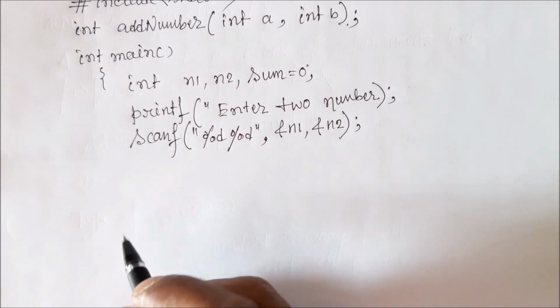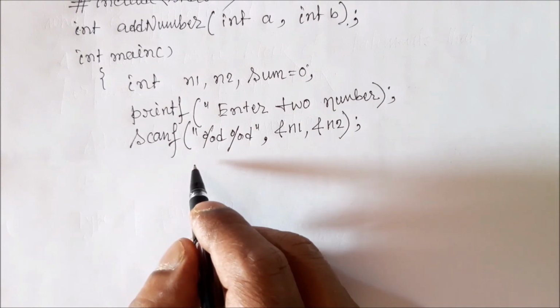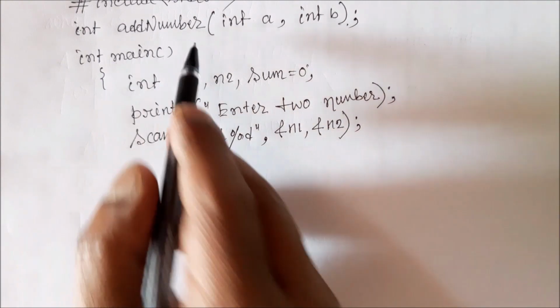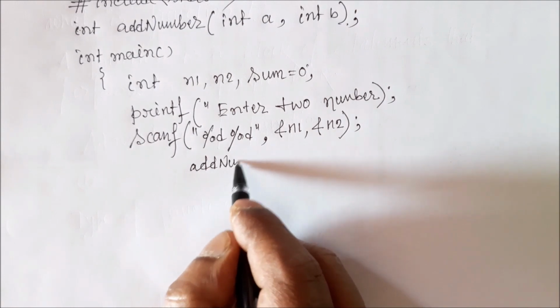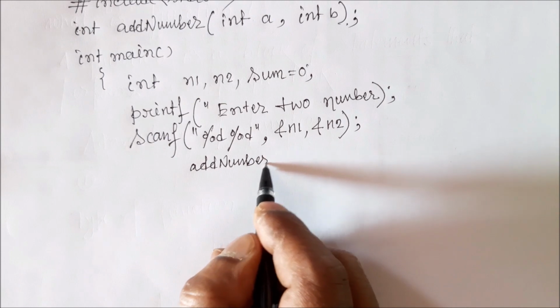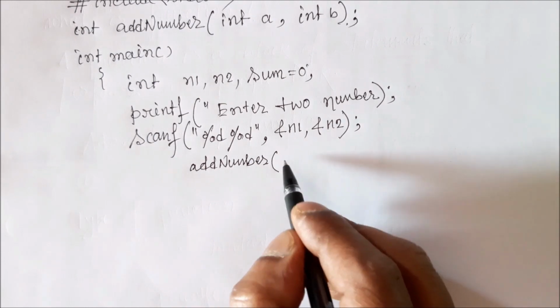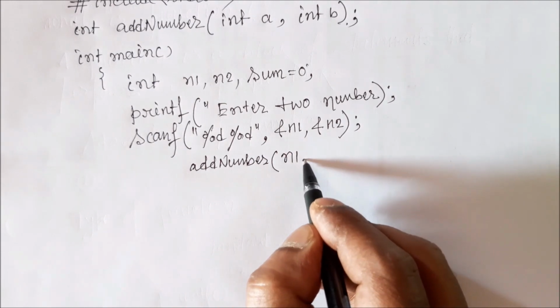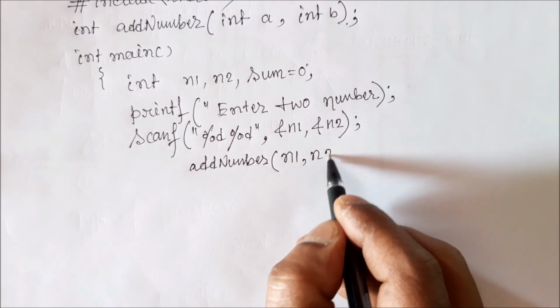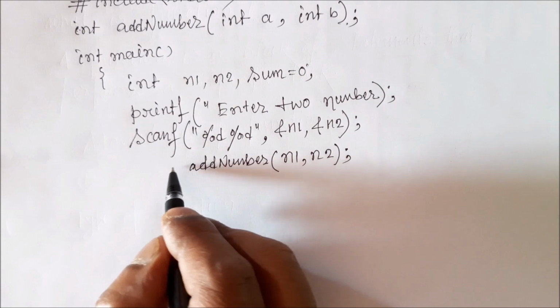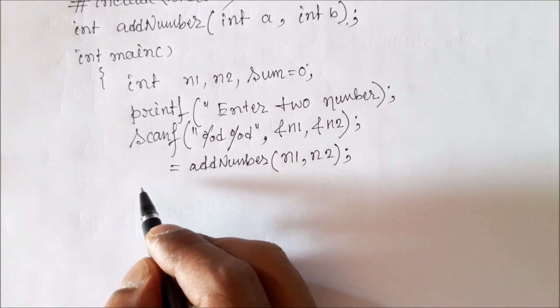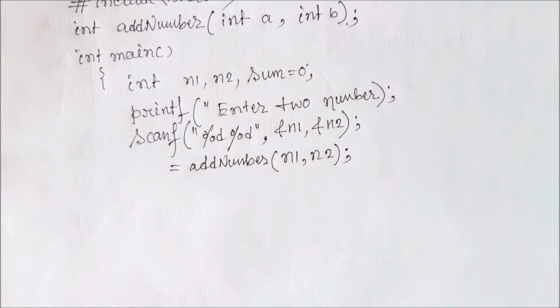Then I am calling a function. My function name is add number. I am passing the values of the variables n1 and n2 as two arguments, that is called the function call, and the result will be assigned to the variable sum.